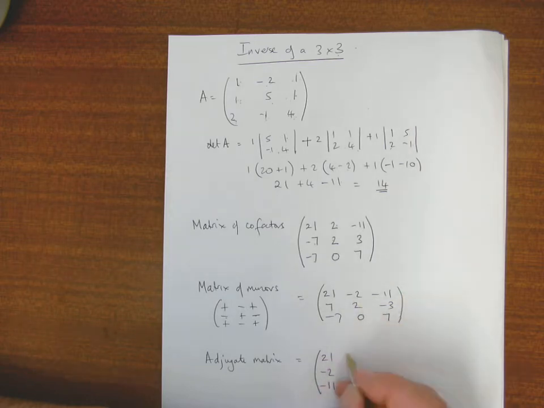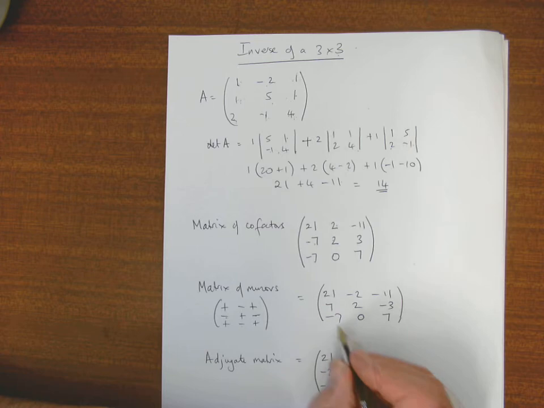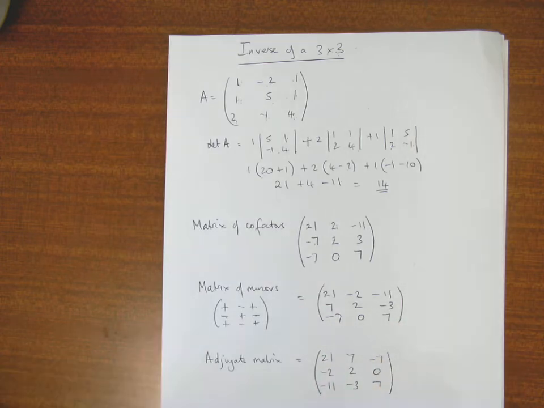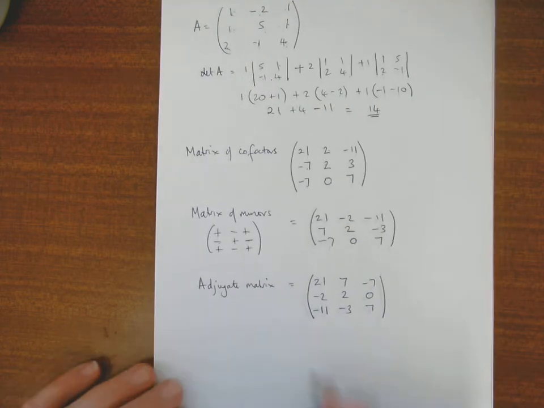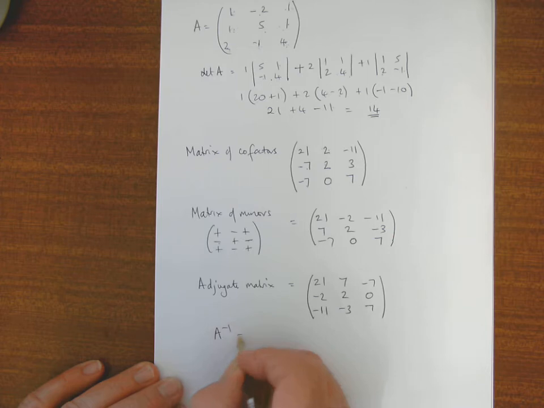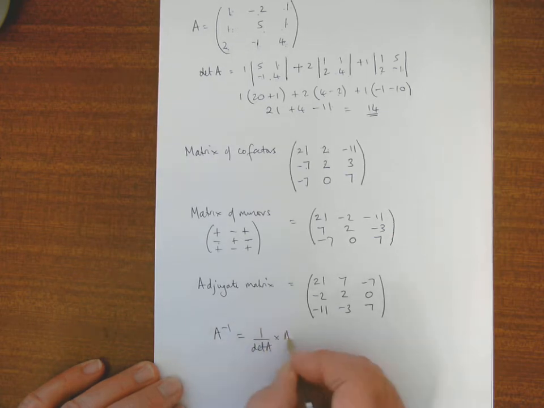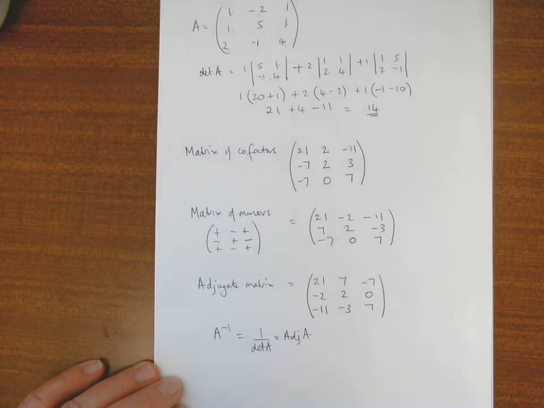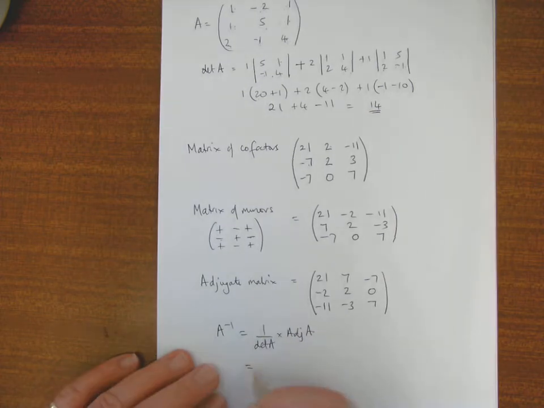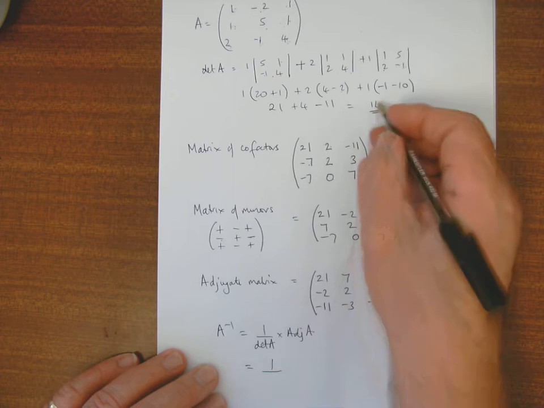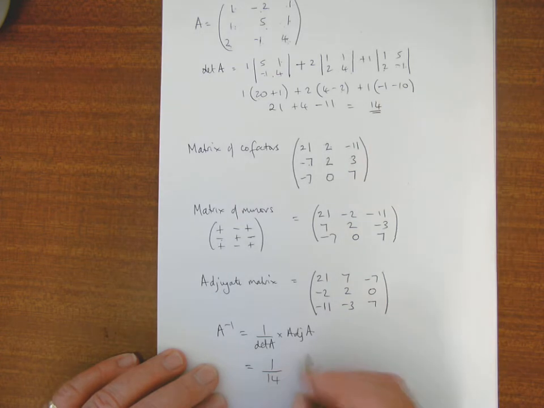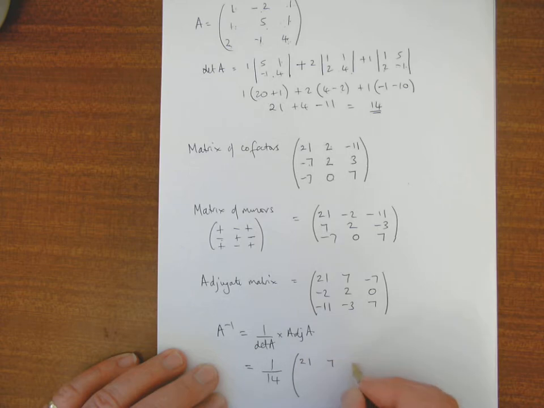This row gets written as the second column, and the third row becomes the third column. And just one more step to get the inverse: it's 1 over the determinant of A times the adjugate. So the inverse of this matrix is 1 over 14, and then these entries.